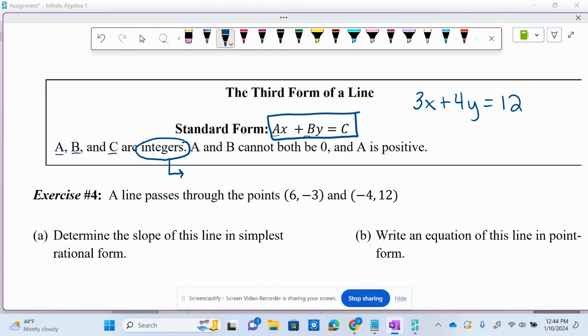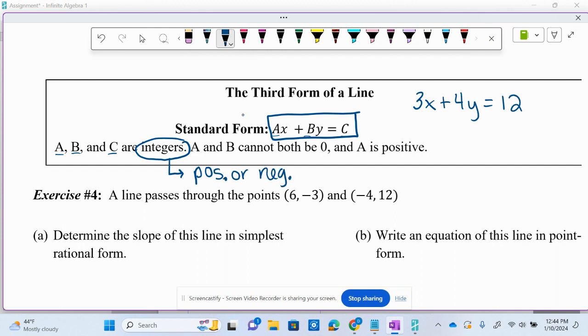You guys learned about integers probably as early as 6th grade, for sure. Integers are unique because they're positive and negative. So an integer can be positive or negative. I'm just going to abbreviate those.